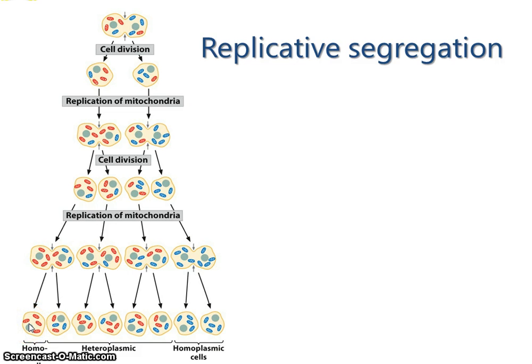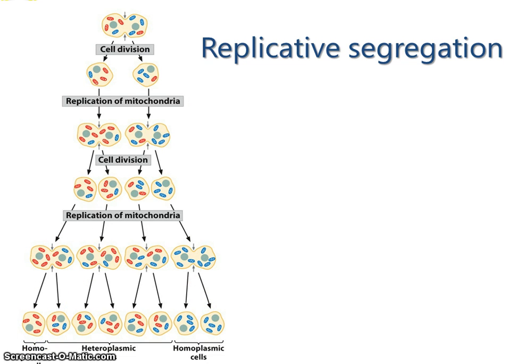And this process of random allocation, such that you start out with a heteroplasmic cell at some ancestral position, and the descendants end up with different mitochondrial genotypes, that is replicative segregation.